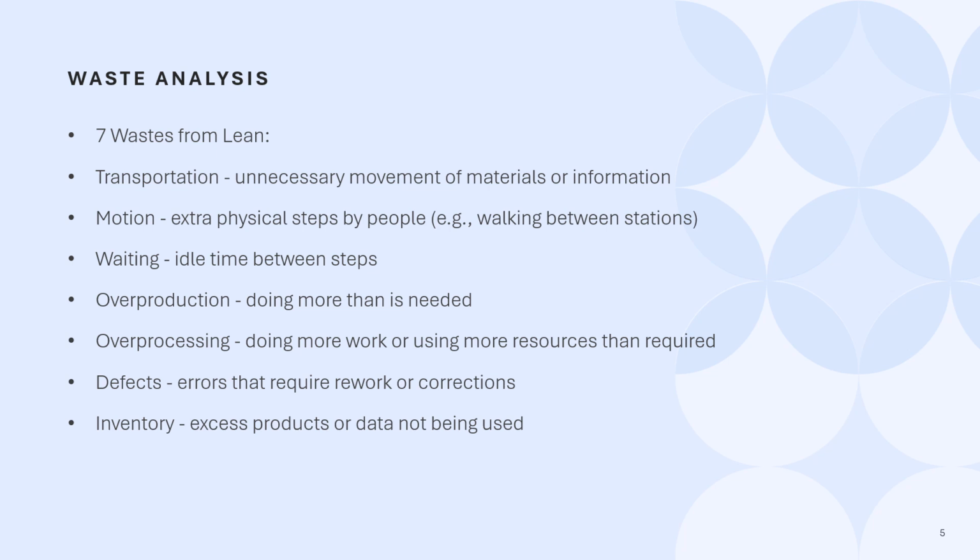Identifying this waste gives us powerful insight into where time and resources are being lost and where improvements can begin. Let's look at how these wastes appear in real world processes in the coming slide.